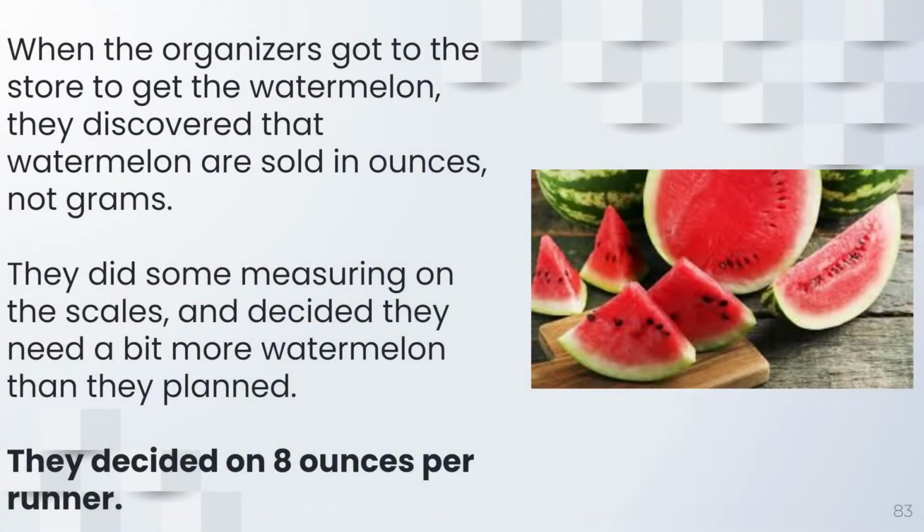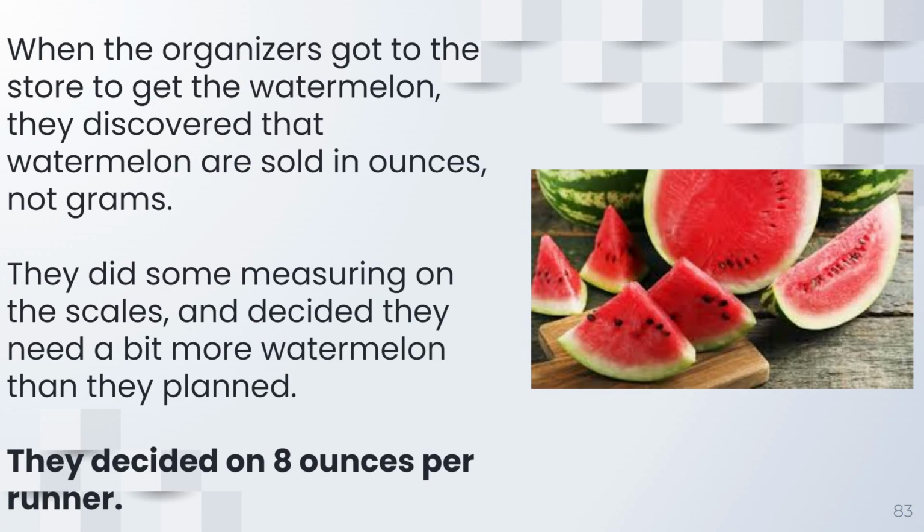All right, now let's take a look at a more traditional model. So when the organizers got the watermelon from the store, they discovered that watermelon is not sold in grams, it's sold in ounces. So they need some help with determining that math now.